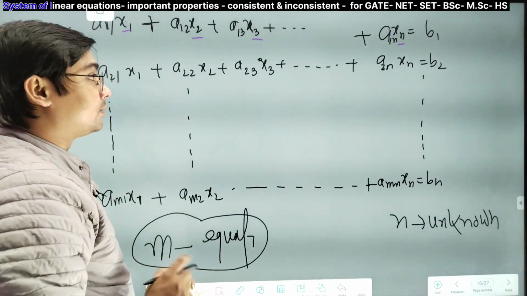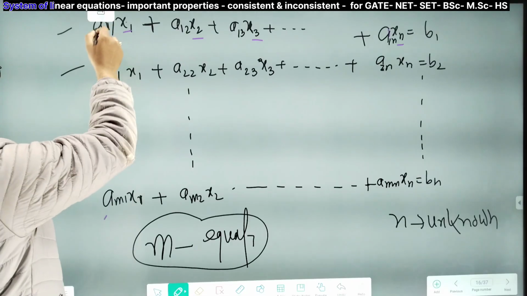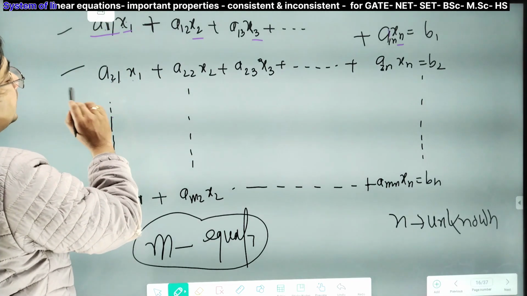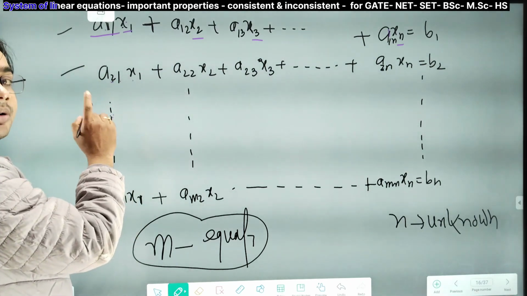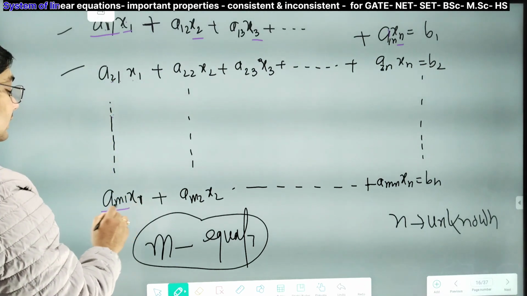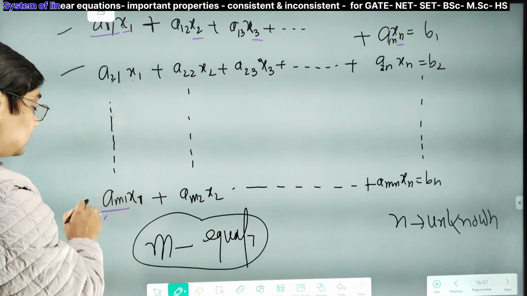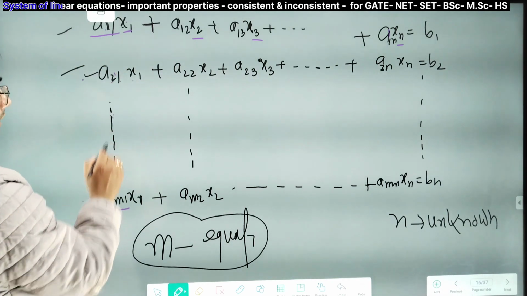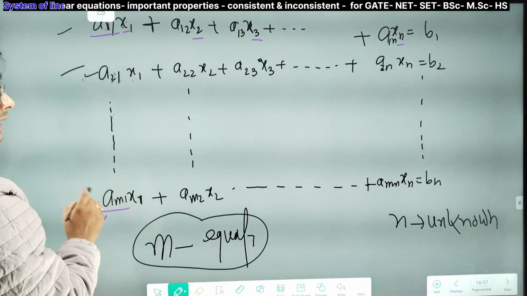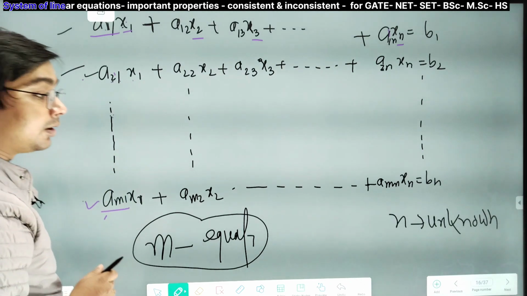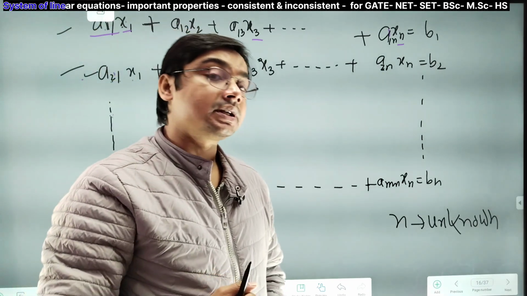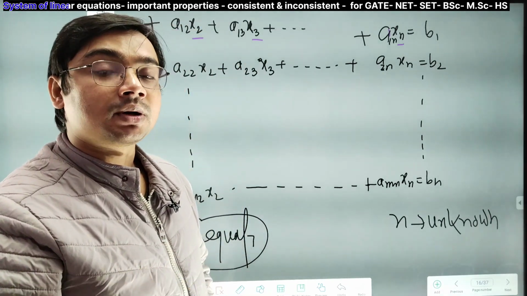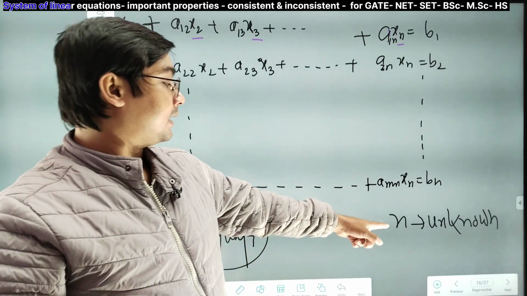M equations, because you see the coefficient of x1 is a11, then in the second equation a21, then a31, a41, up to am1. That means the second equation has a21, the third has a31, and so on, and the last one is am1. So there are m equations and n unknowns or variables.